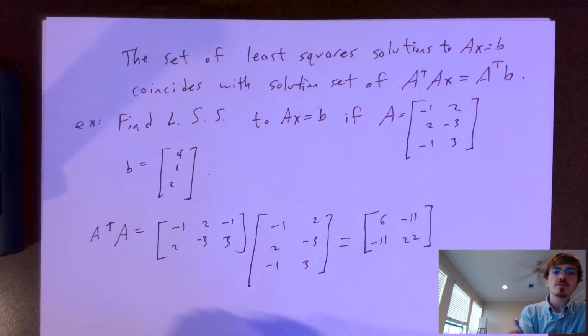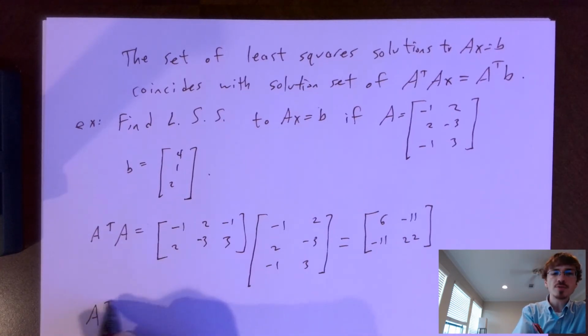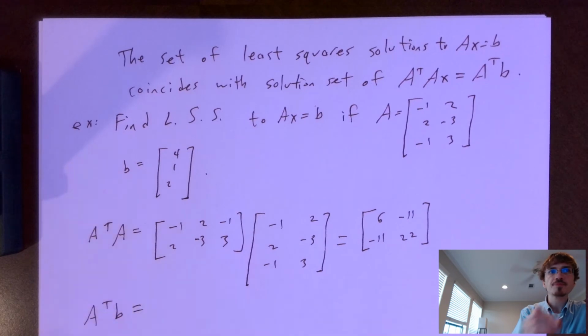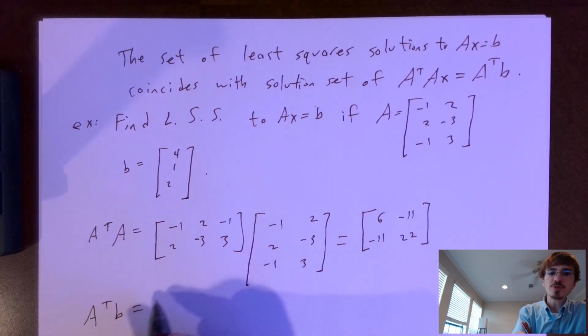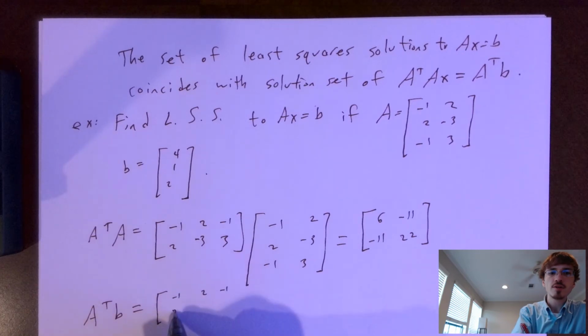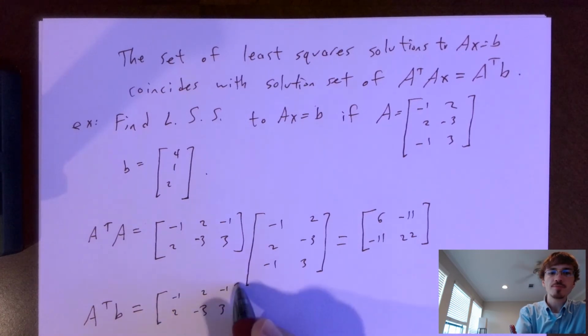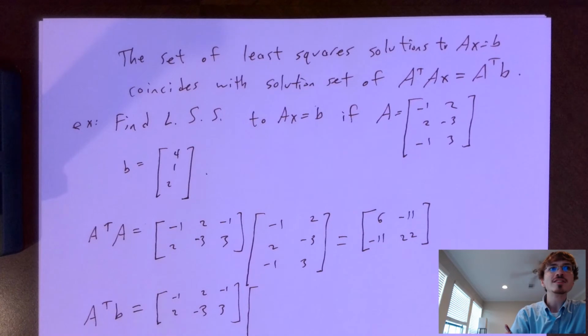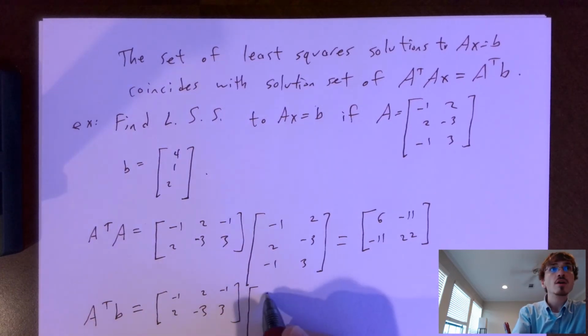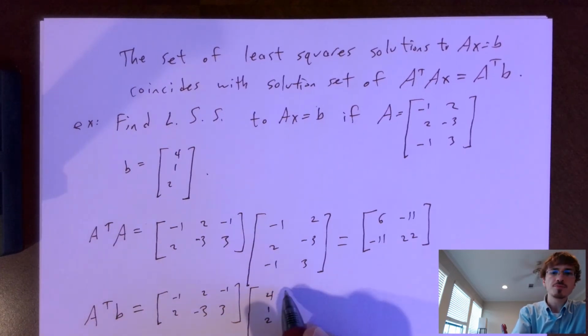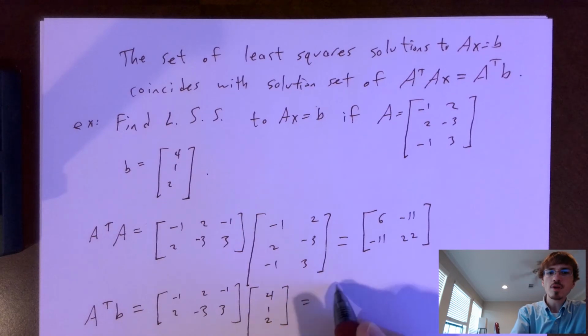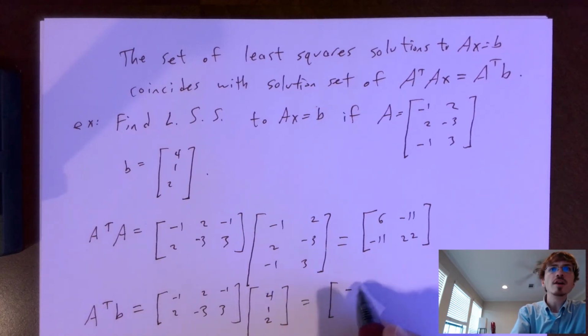Now let's compute A transpose times B. A transpose times B will be the matrix -1, 2, -1, 2, -3, 3, times the vector B, which is 4, 1, 2. And I think you get -4, 11.